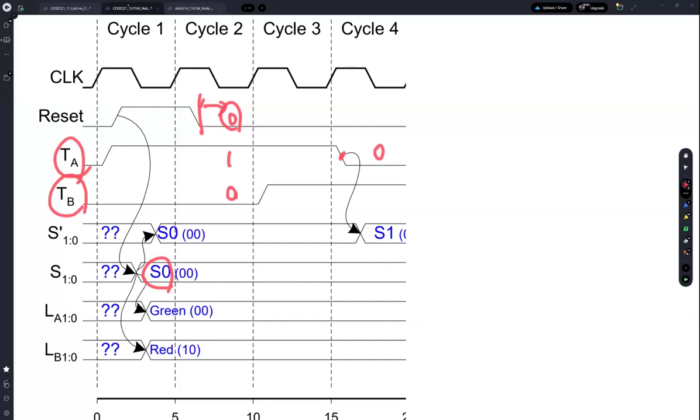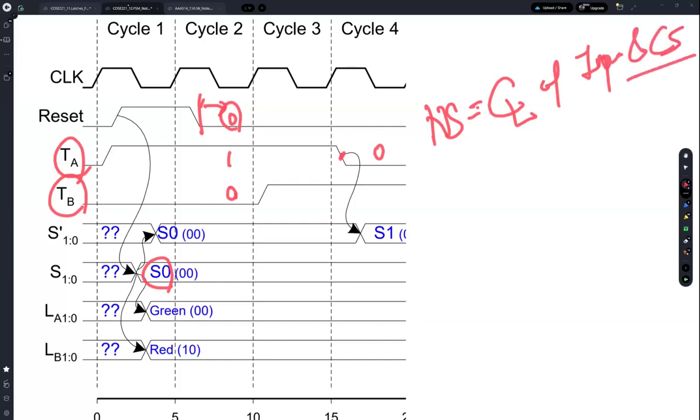So what is changed? The next state, because the next state is the combinational logic of what? Input and current state. So the input is changed, so we can know the output values are also changed.